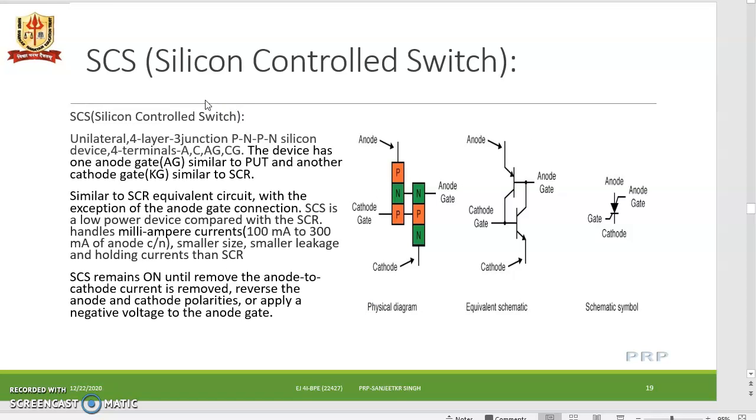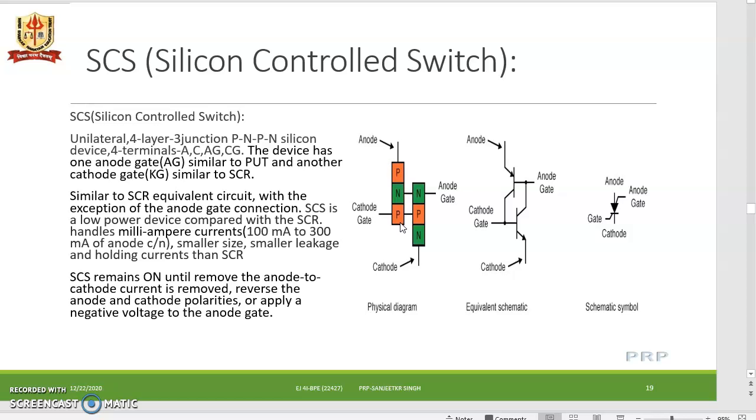Now the second device here is the silicon controlled switch, SCS. Here again we see that it is a 4-layered structure similar to that of the SCR, with 3 terminals similar to the SCR, plus 1 anode gate taken out from the N layer near the anode.